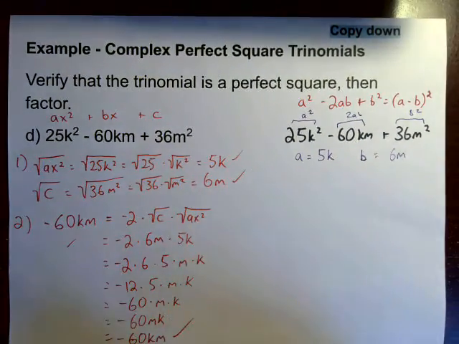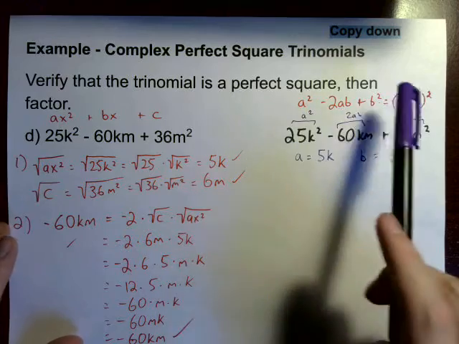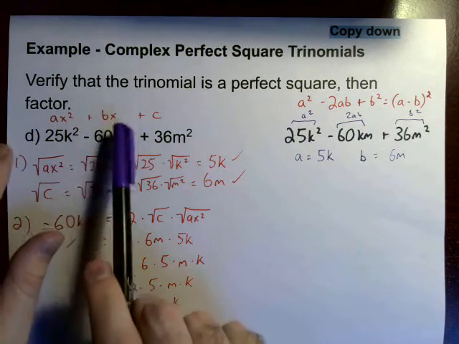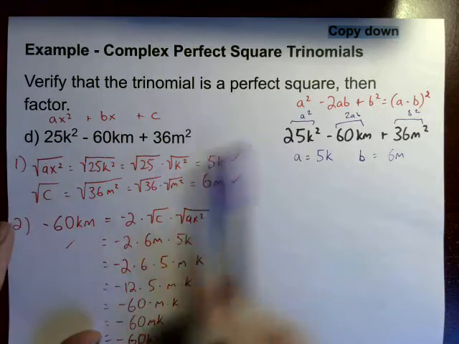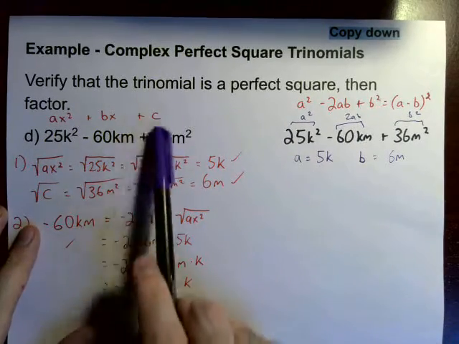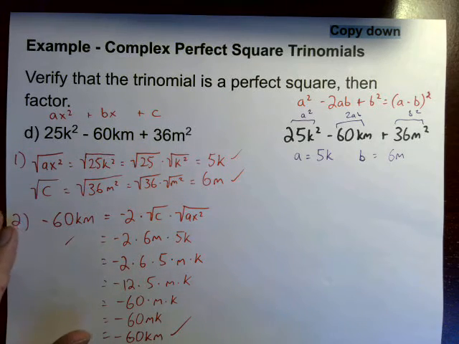So this is the only thing that you need to keep in mind, and that can be confusing: the a squared term does align with the ax squared, but the b term actually aligns with the c of the trinomial. So you just got to really keep your variables straight when you're doing these types of problems.